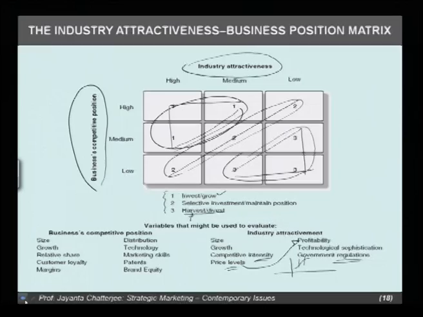So, as we discussed, depending on your company's cash reserve, cash position and growth objective, and some of those can come from this analysis.